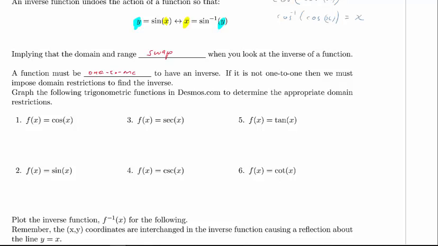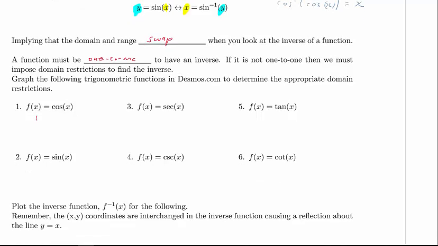So here our domain for the cosine is simply 0 to pi, and note that our range is, as it always was, from negative 1 to 1.